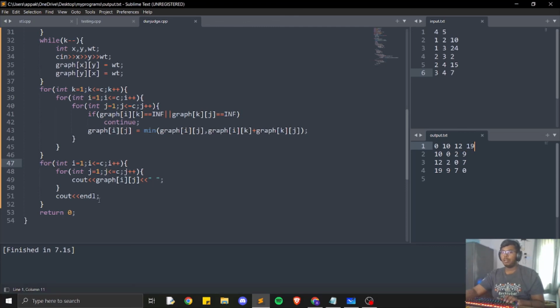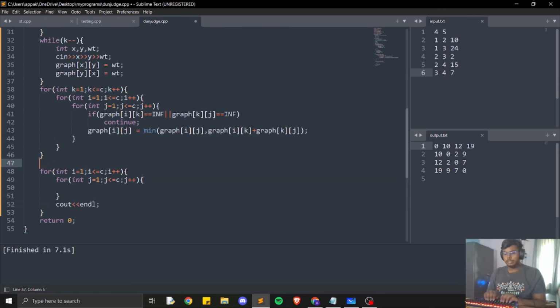So now what we have to do is find the maximum out of them. We'll make changes in this code only. We'll initiate a variable, int mx equals 0, because the distance will always be positive as it is given in the problem.